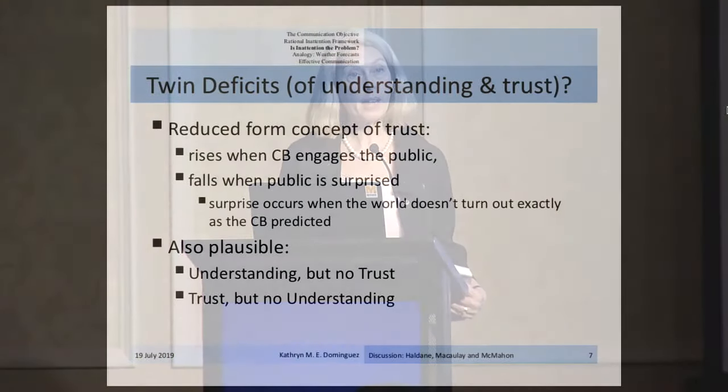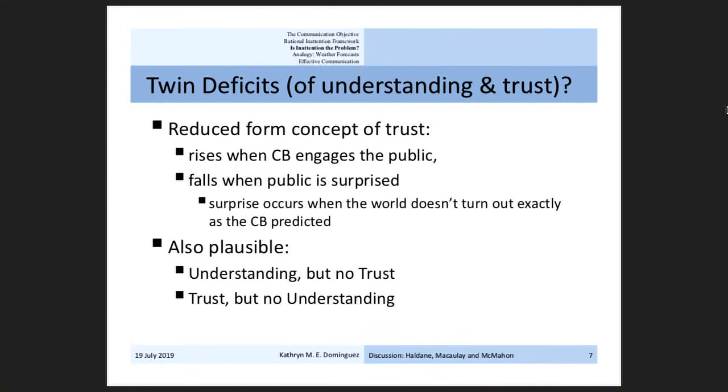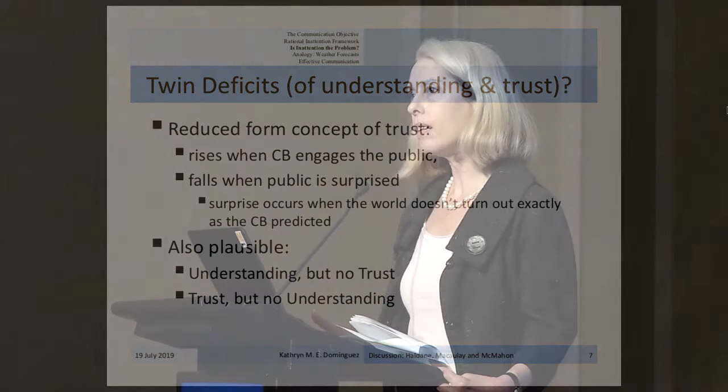The next thing that Michael talked about in the paper, and the next layer of his models, so to speak, is this idea of twin deficits. And he's connecting up understanding and trust. It's a fairly stark set of assumptions: basically trust increases when the central bank engages with the public, so it makes an effort to communicate more broadly.